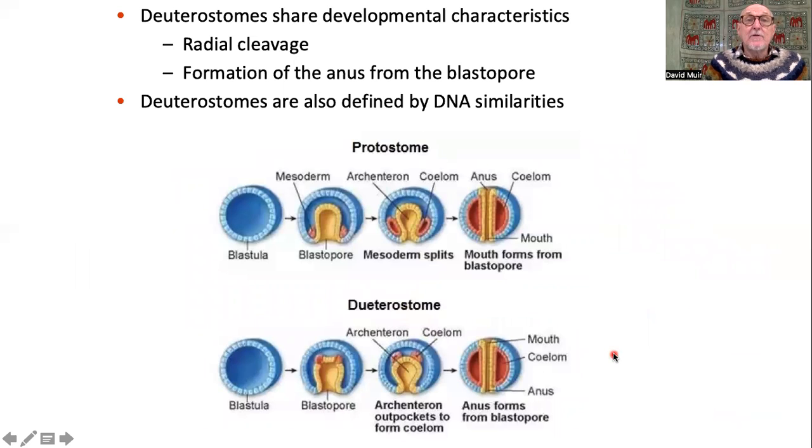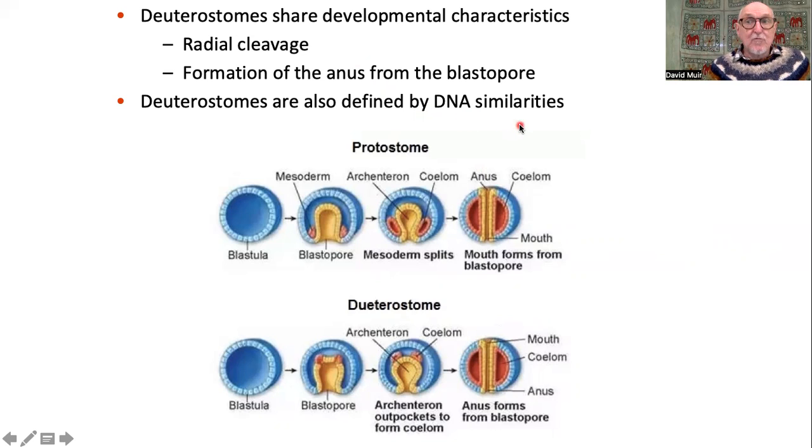So just to remind you, the deuterostomes all show the same kinds of embryonic development. First of all, they have radial cleavage of the zygote. Second of all, the anus develops from the blastopore. In the protostomes, the mouth develops from the blastopore.